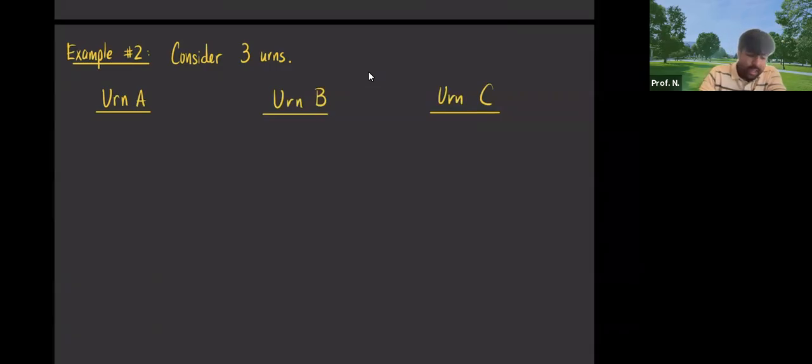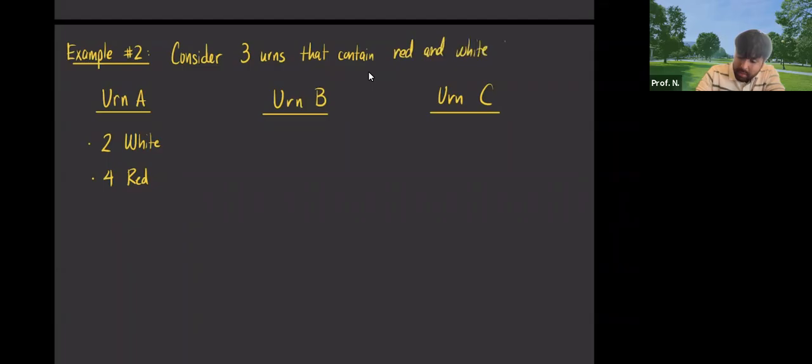So urn A contains 2 white balls and 4 red. And I'm just saying, consider 3 urns that contain red and white balls. So urn B contains 8 white and 4 red, and urn C is 1 white and 3 red.